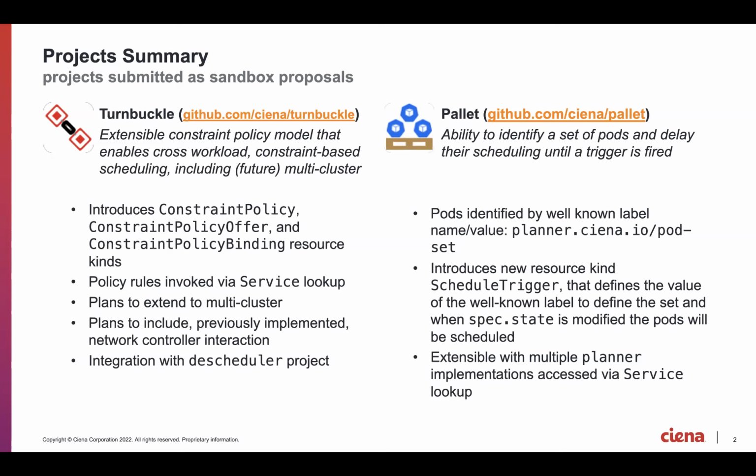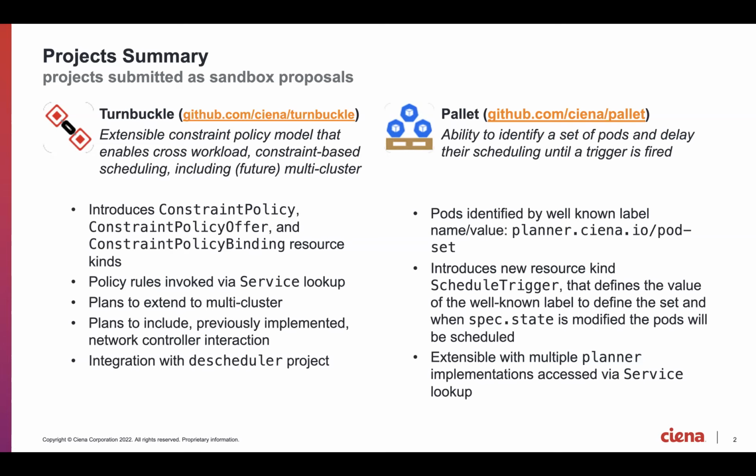So any given company could write their own planner to optimize how they want to schedule a set of pods across their network based on the constraints. We have one that we use with constraint policy, but Pallet is not bound to constraint policy. You can use Pallet regardless of constraint policy. So anybody could write their own planner to decide how best to schedule a set of pods on their system.